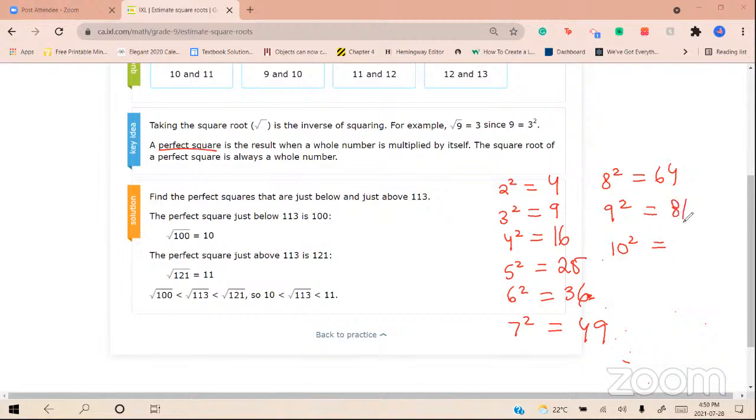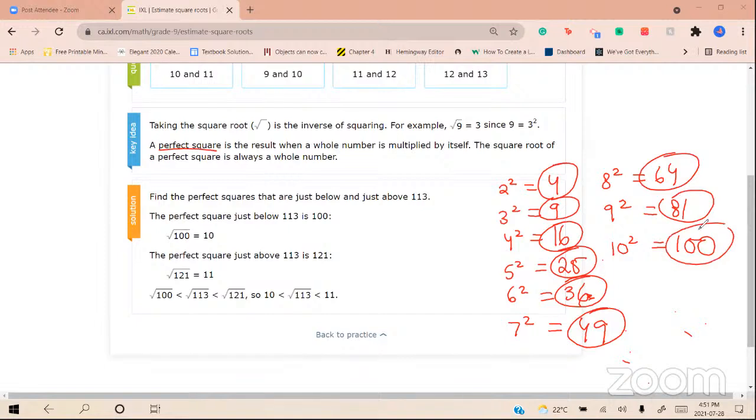And 10 squared is 100. Very good. Okay, so you see 4, 9, 16, 25, 36, 49, 64, 81, and 100.